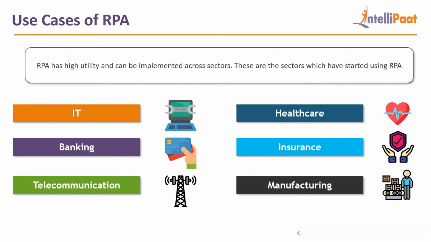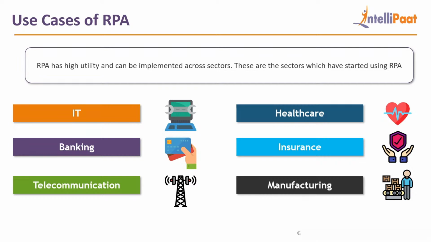Talking about banking and insurance, you have a lot of forms coming from various different people for loans or for insurance. So what you can do is train your RPA program, or create an RPA program, which goes through the forms provided by the people, right? So form processing can be done using RPA in banking and insurance, and there are various different things it can be used for. I'm just giving you some simple examples of what it can do. RPA has been adopted by all of these industries so far.